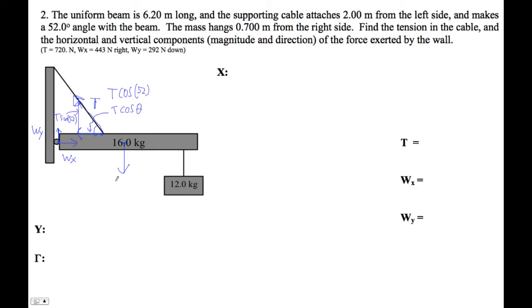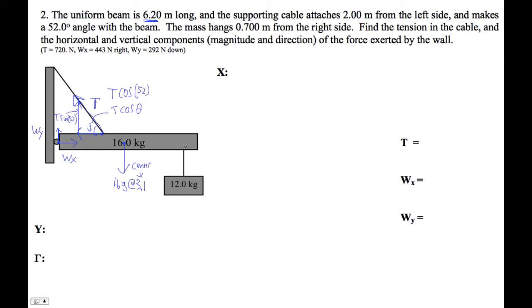So we've got 16 G at, let's see, it's 6.2 meters long, the beam is, right? It's uniform, so the center of gravity is at the center of the beam, right? So the 16 G is going to be at 3.1 because that's the center. And the G is not grams, that's 9.81. That's what I mean by that, right?